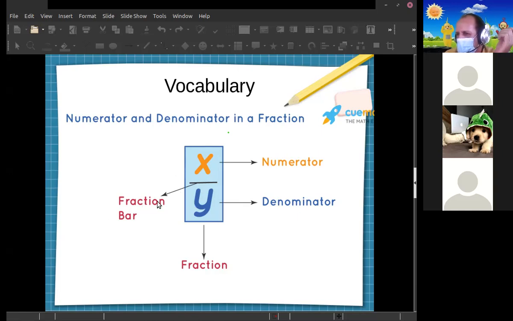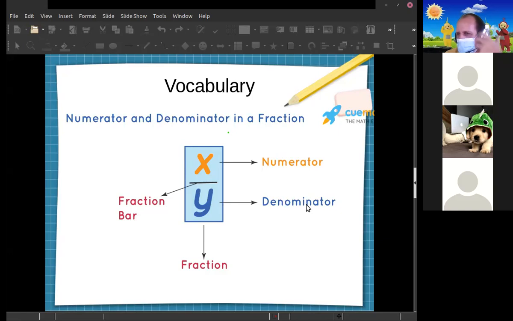So we have the fraction bar. The fraction bar is this here, what I have between both numbers. And all together is the fraction. So please note the vocabulary on your paper, because when we have the midterm test, we test word problems and writing there about the numerator and denominator.